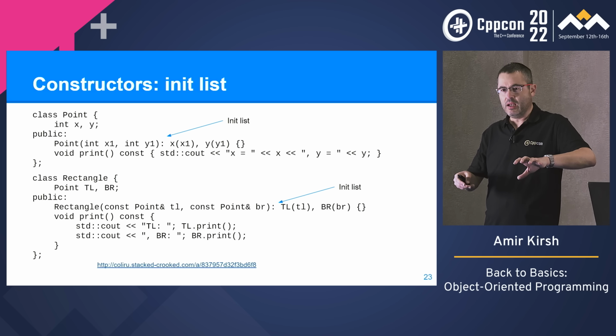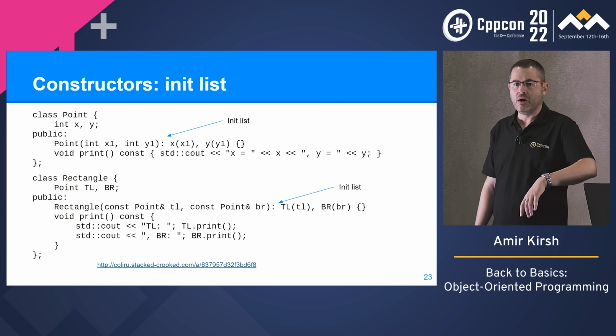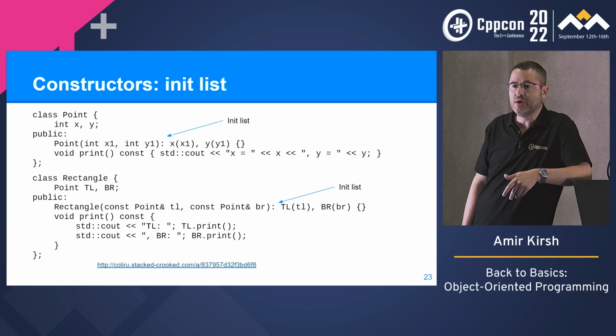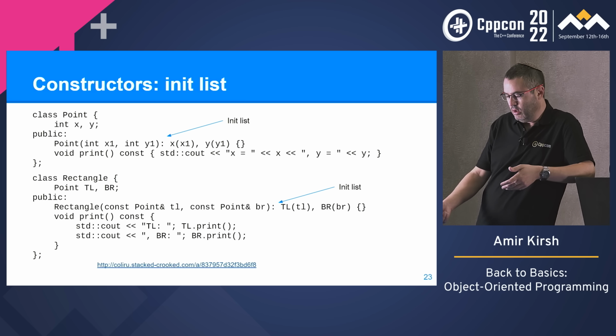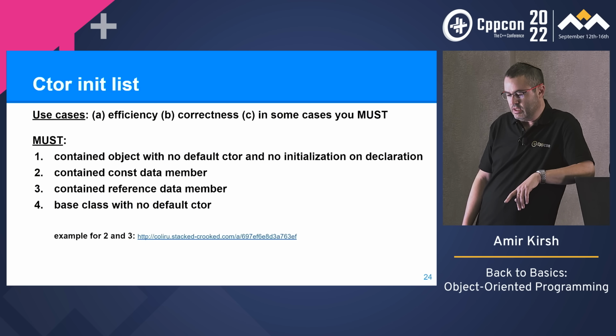I mean, you can send some initialization in the declaration of your members. So I could have done that, but I don't want to because I want to initialize that with arguments that I get from the user. In which case, the only possibility is to use the constructor initialization list. So this is the first case.